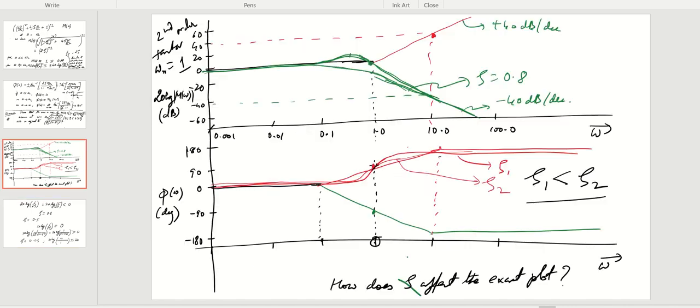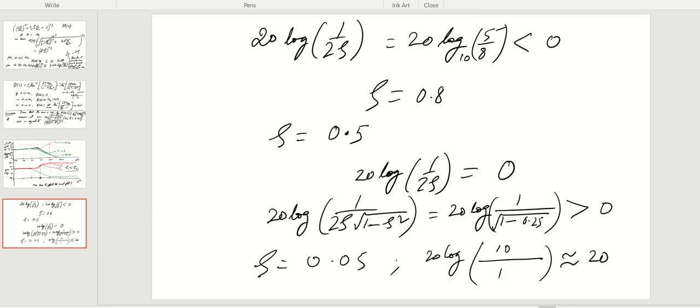You see that? So for lower values of damping, and of course the peak will also be shifted accordingly. The peak frequency will correspond to omega n root over 1 minus 2 zeta square. So zeta square is 0.0025. That's okay, it's closer to omega n.